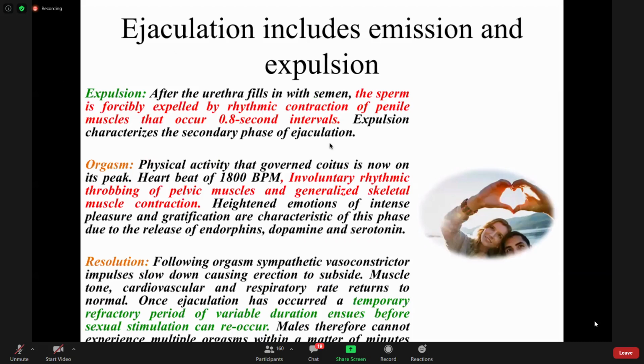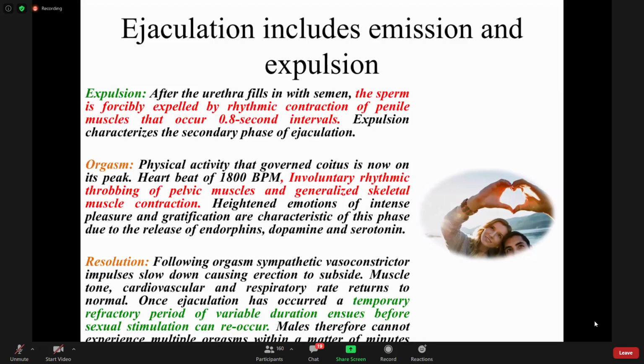So after the urethra fills with semen, the sperm is forcibly expelled through the rhythmic contraction of the pelvic region. During this, there is an involuntary throbbing of the pelvic muscles, generating muscle contractions either in the penis or along with the pelvic region.